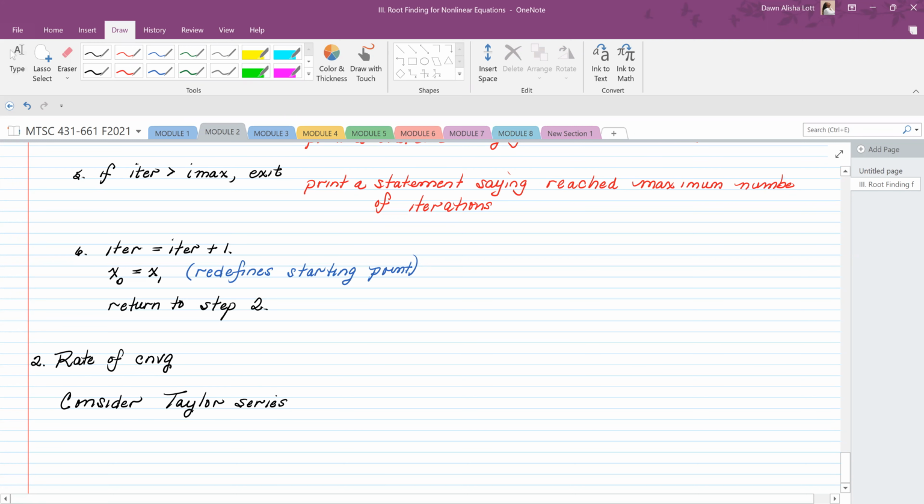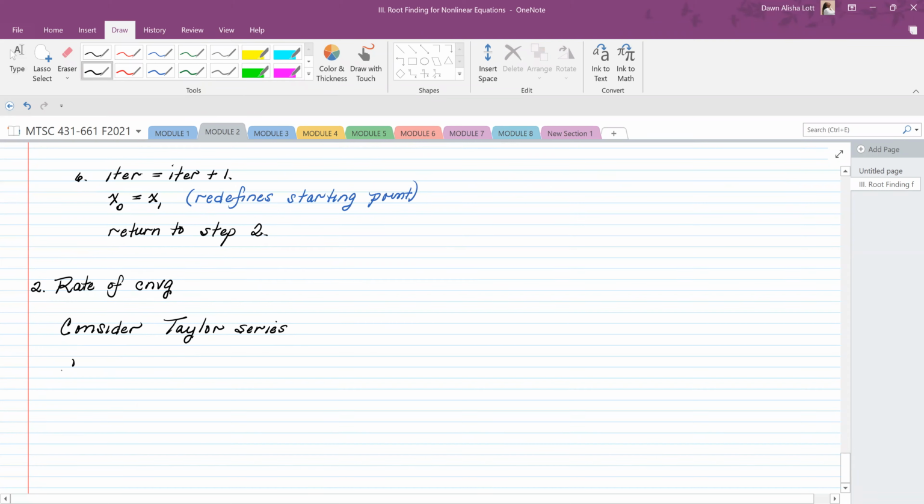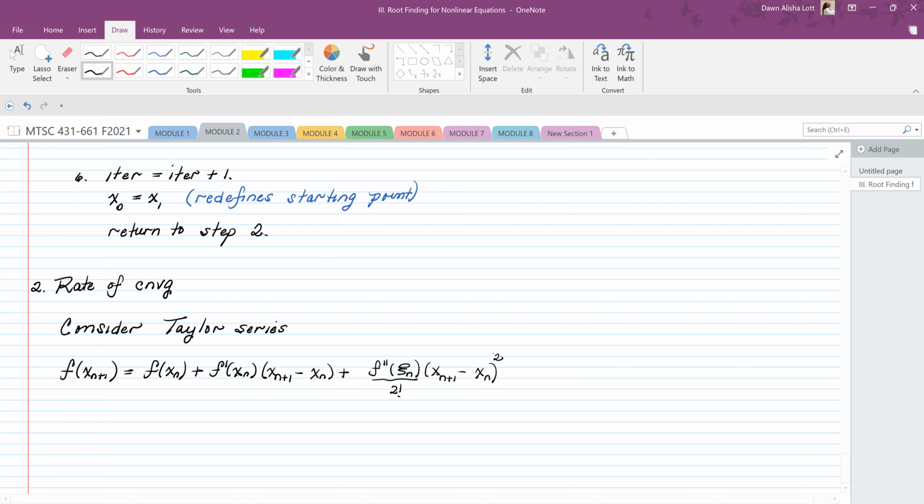For the Taylor series, we had f of xn plus 1 equal to f of xn plus f prime of xn times xn plus 1 minus xn, plus f double prime at some value cn over 2 factorial times xn plus 1 minus xn squared. Okay, so let's consider that.